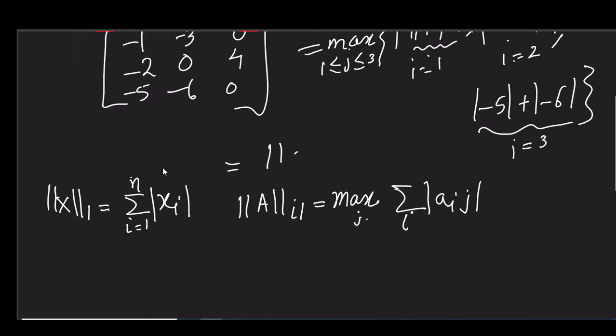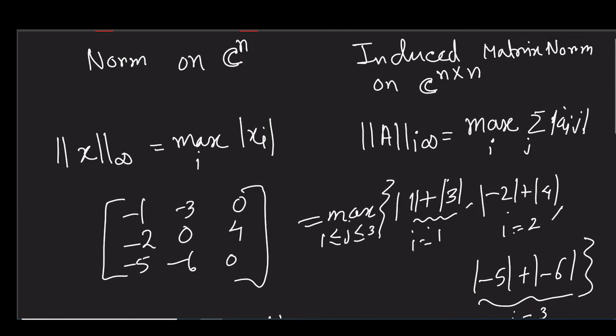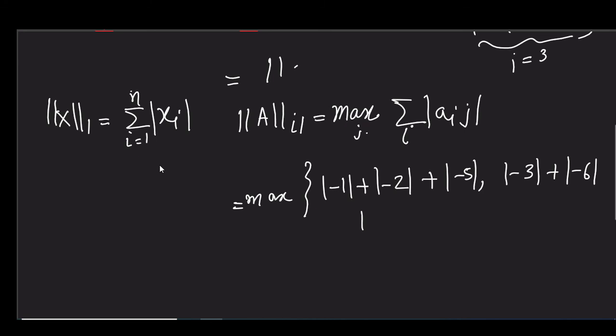So if you do the column sum and take the max, for the first column it is 1, then 3, then 5; for the next, it is 4. So this value will become 9. For the same matrix we are doing the calculation.